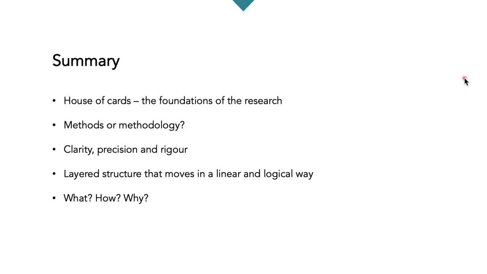The reason the house of cards is particularly relevant in this chapter is if you make the foundational basis really strong, that holds up the house of cards and it's more likely to stand strong. And it's the same in research.